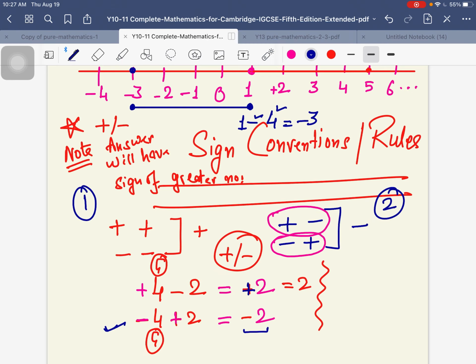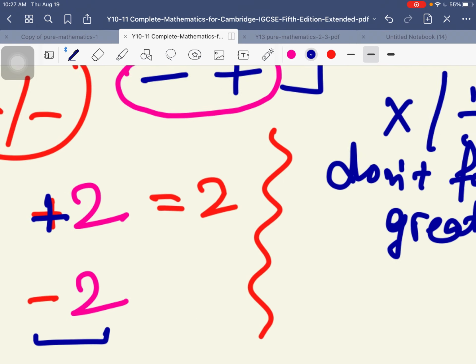In case of multiplication or division, we don't follow the bigger number. So don't follow the greater number. What does this mean?